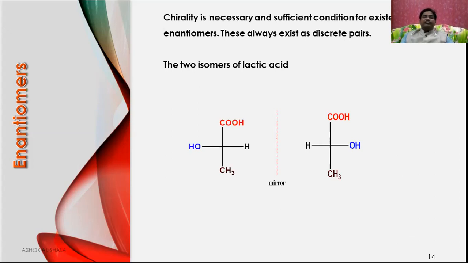Here, this one is a lactic acid molecule, and the other is a lactic acid molecule. Similar to this, assume that this entire molecule is placed over the other molecule, so that the groups do not coincide, or are not superimposable on each other. These two isomers of lactic acid are said to be enantiomers.